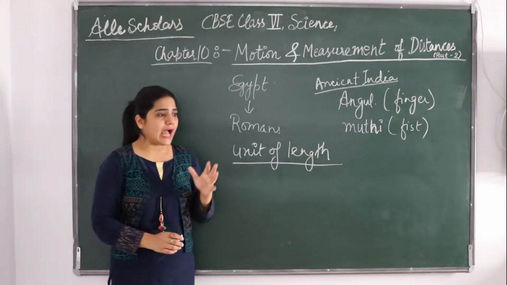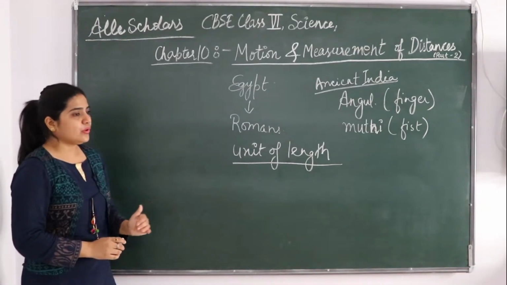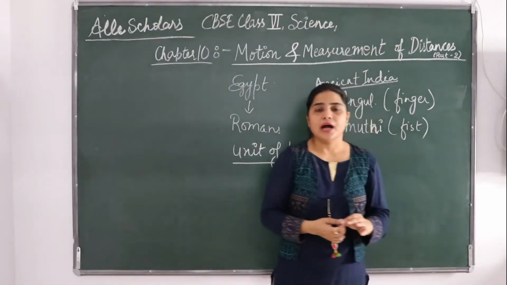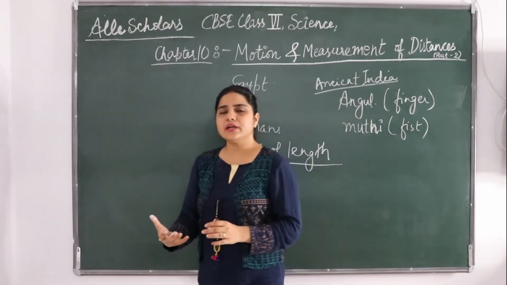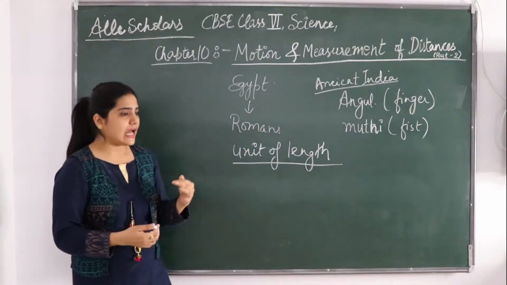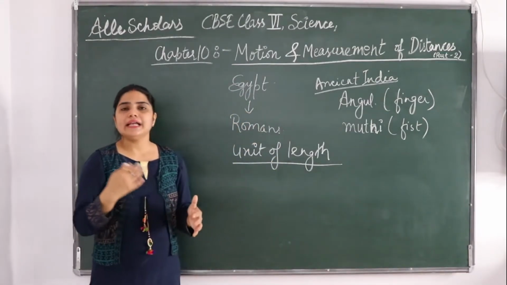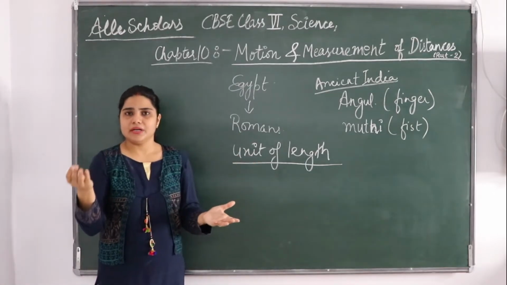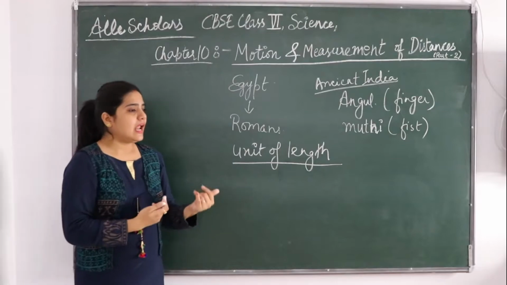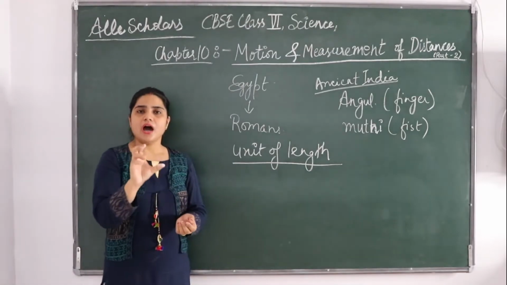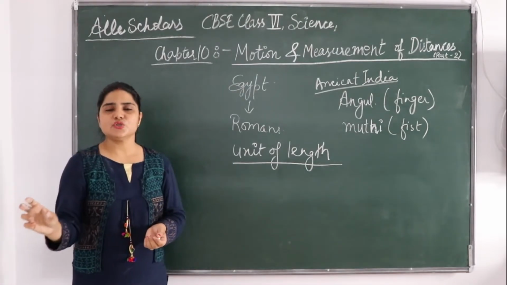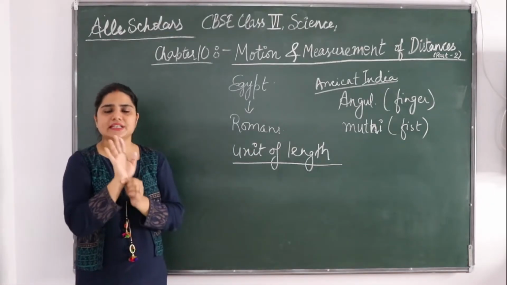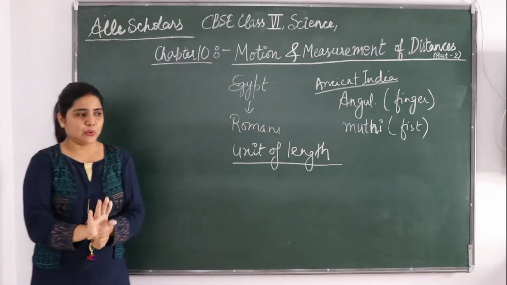That was not an accurate measurement, because we know that everybody's body part slightly differs. Mine may be smaller, yours may be larger, or somebody's may be smaller and mine may be larger in size. तो हर किसी का body part का जो size होता है that differ. If my arm is this much big, it's not necessary that everybody's arm is this much big only.